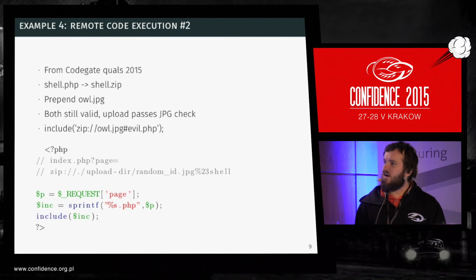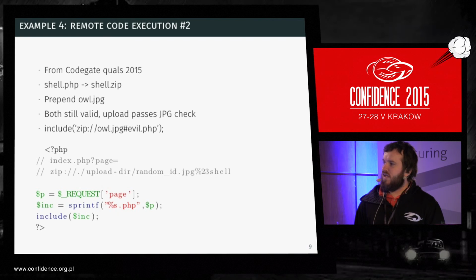And then we could go back to this index page and provide this URL, which basically says that we want to open the zip file in the upload directory, which we had extracted from the source code that we got earlier. And this was the random ID we had. This was our uploaded JPEG file, and the %23 is the hash sign.